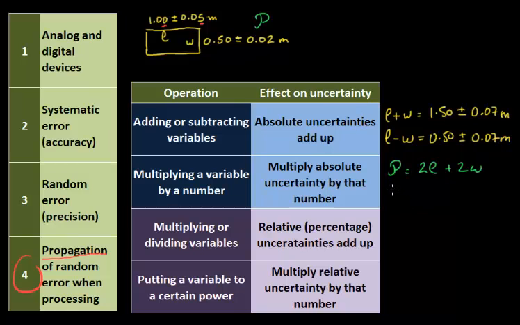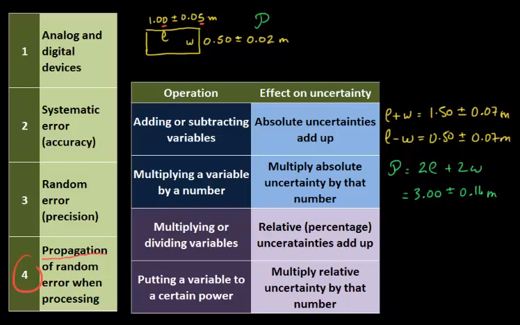So in the end, the perimeter is equal to what? It's equal to 2 times 1 plus 2 times 0.5, so it's equal to 3.00 meters plus or minus what? Plus or minus 2 times 0.05, so 0.1, plus 2 times 0.02, which is 0.04. So you obtain plus or minus 0.14 meters, and that's the perimeter.